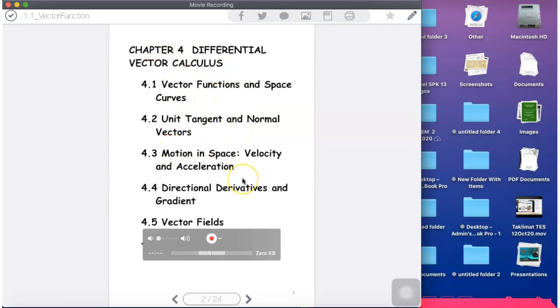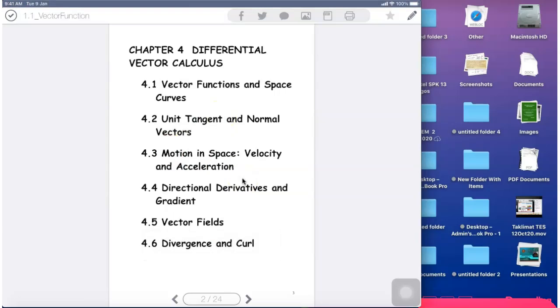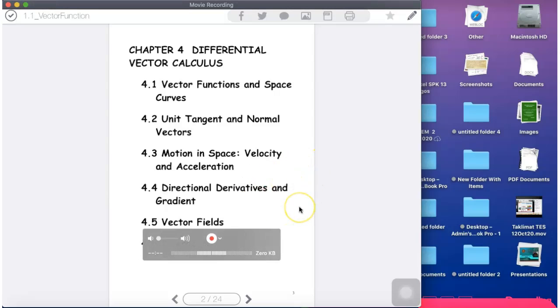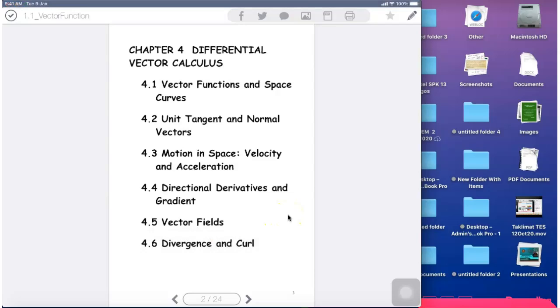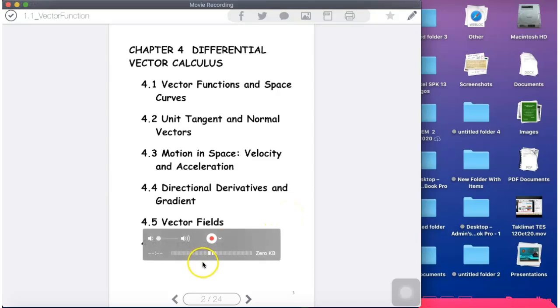The content is not all the same, but I use the same material as for the engineering maths 2 subject. But there are some other things that you have to focus on in this chapter. Okay, so vector calculus.